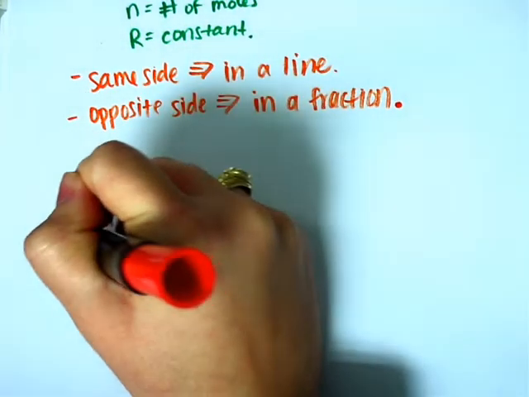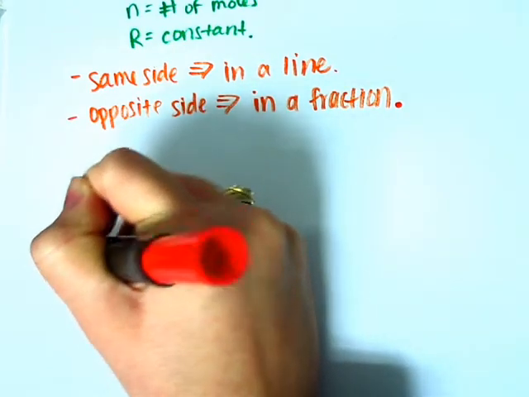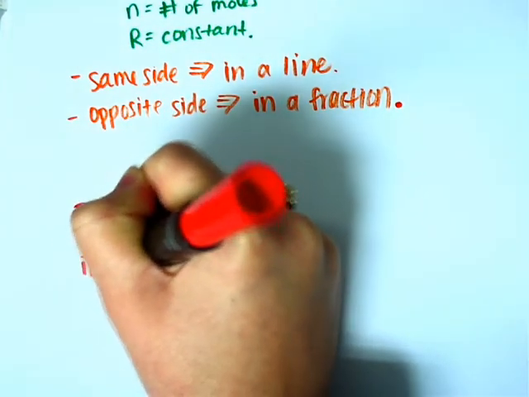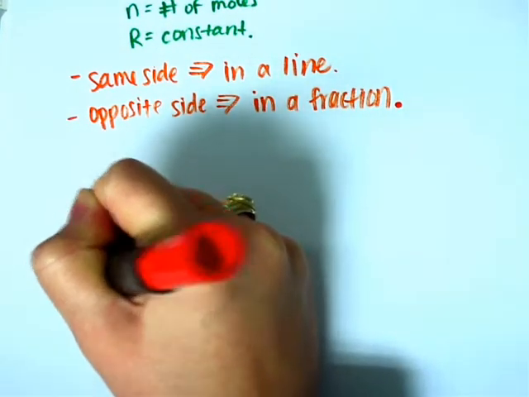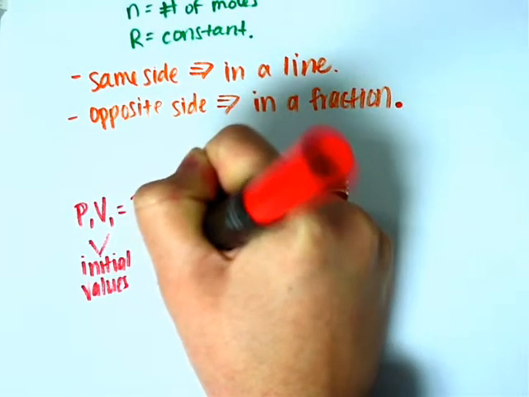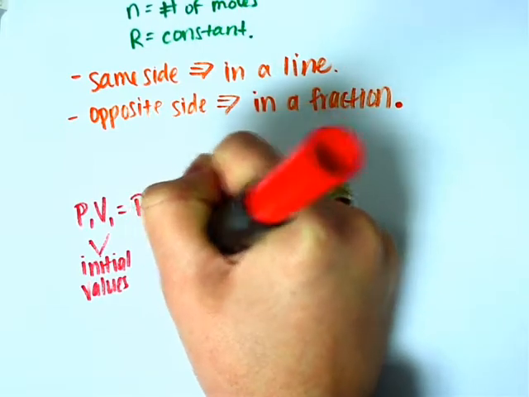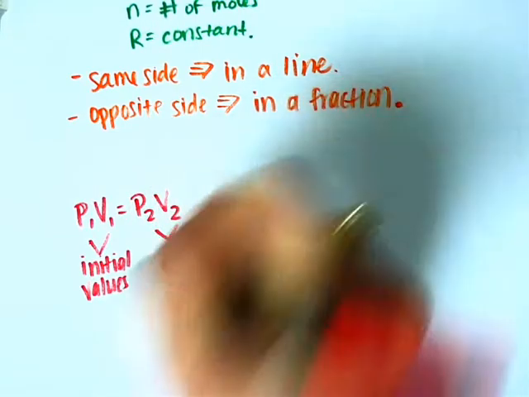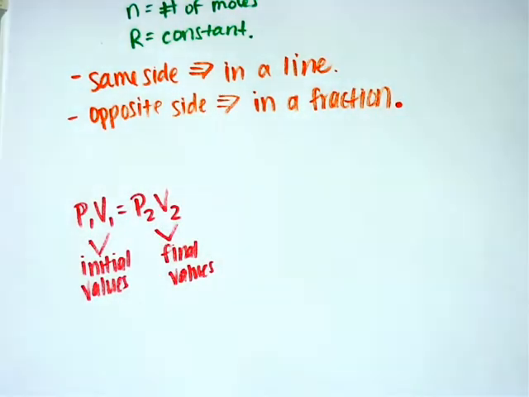Okay, these 1s are going to mean that there are initial values, so the beginning values, the starting values. And these 2s are going to be our final values. So if we have an initial and a final pressure, does that mean it's changing? Yeah, and same with volume. Our volume is changing. So yes, our pressure and volume are changing.